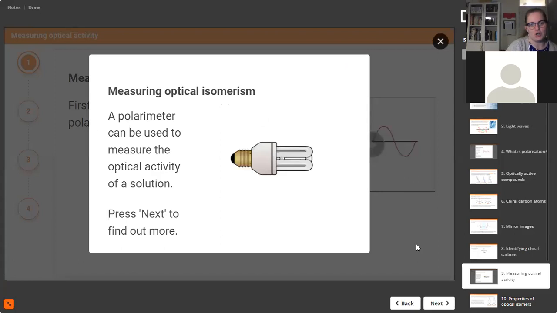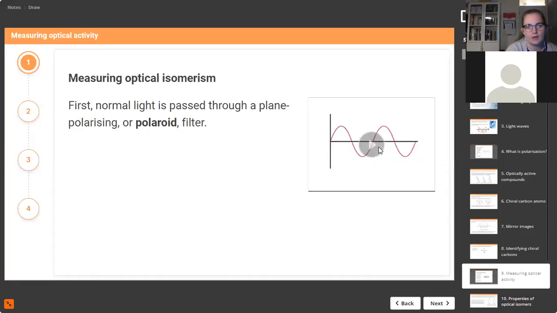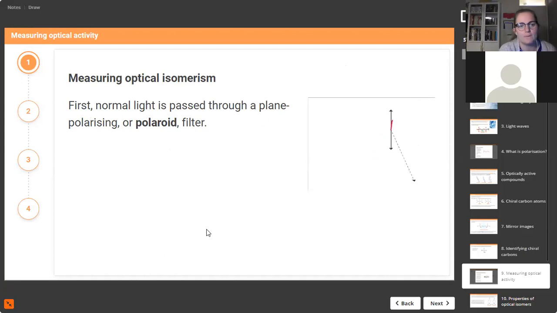So we can measure optical isomerism, and we can use something called a polarimeter to measure the optical activity of a solution. What we do is pass normal light through a plane polarizing or Polaroid filter, exactly the same as before, and we'll get all those four different waves.